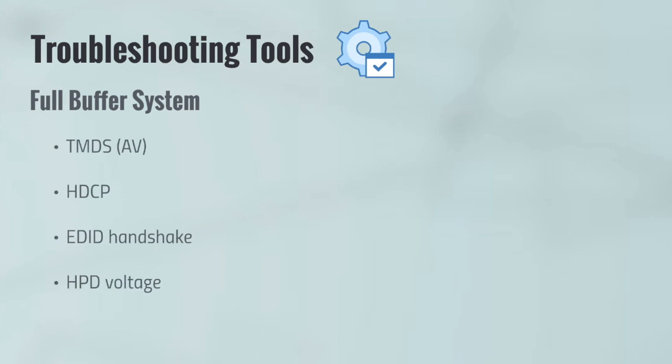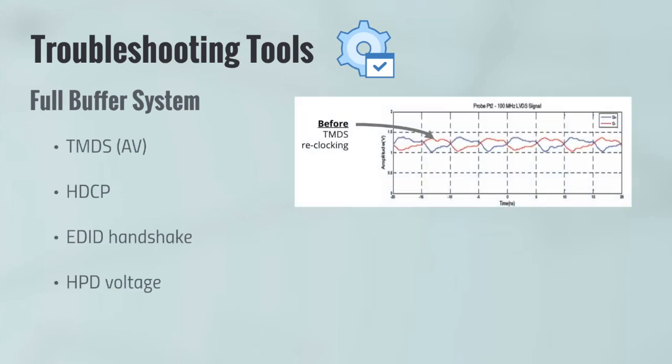Let's take a closer look at Key Digital's proprietary full buffer system technology, beginning with TMDS. TMDS stands for Transition Minimized Differential Signal, which is the audio-video layer of the HDBaseT signal. Digital, as we think of it, is full of ones and zeros.